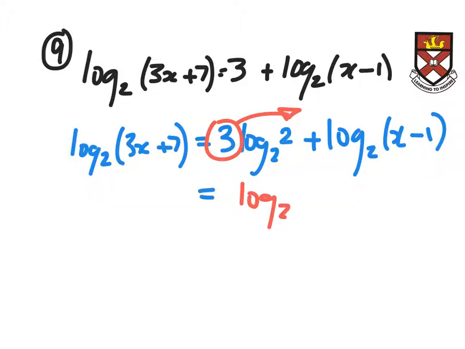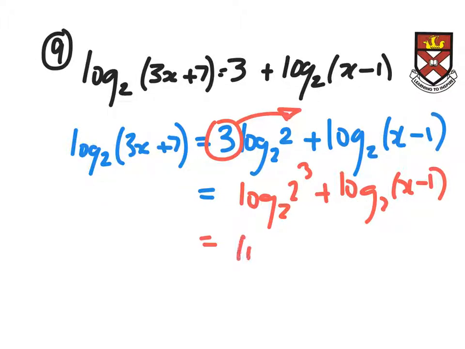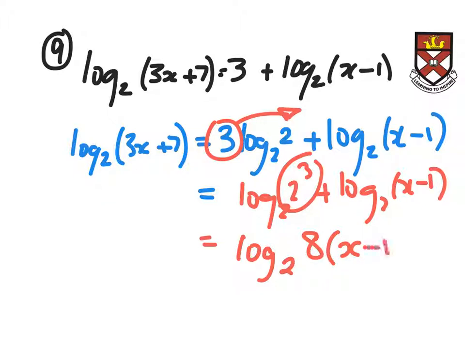So I'm going to get log to the base 2 of 2 cubed plus log to the base 2 of x minus 1. Again, why is that important? Because I now have a log add a log. And one of our rules says we can write that as a single log. We know what 2 cubed is. So 8 times x minus 1.